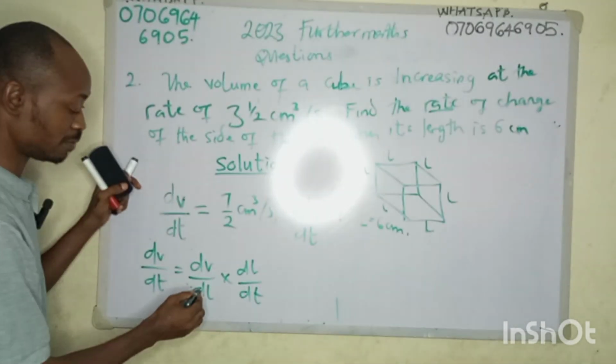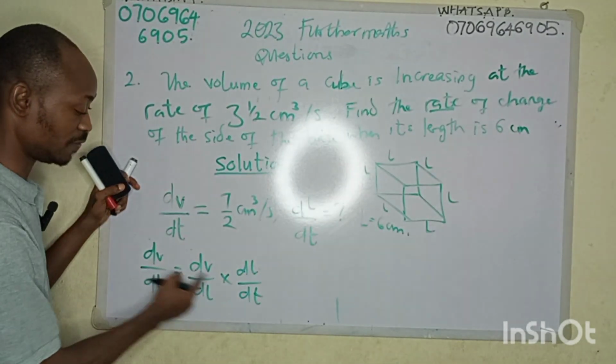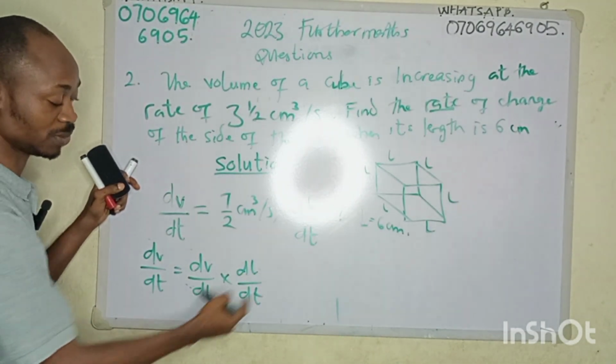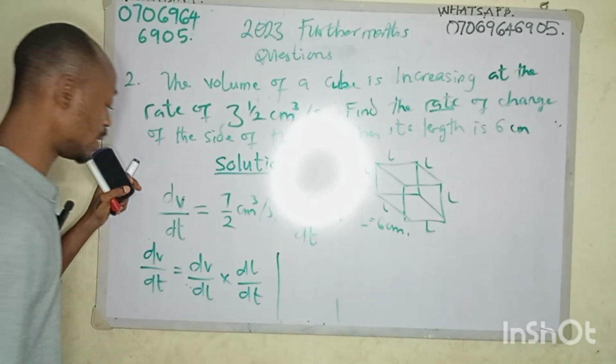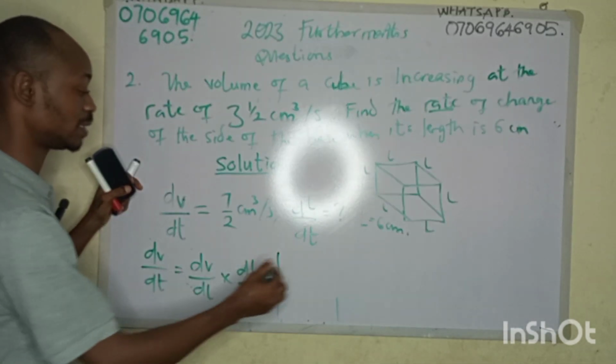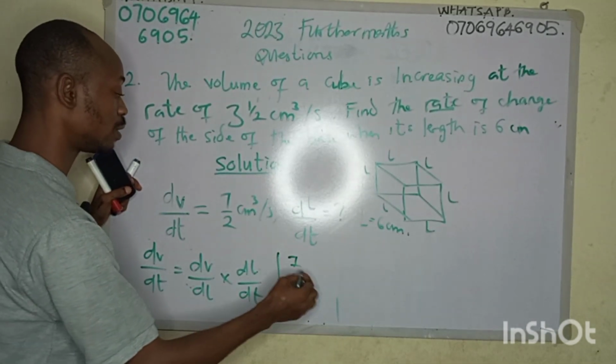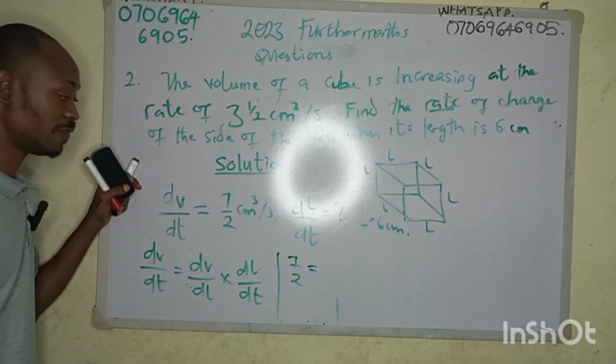The idea is that the dL cancels the dL, and we still have dV/dt. So what are we given? We have our dV/dt to be 7 over 2.